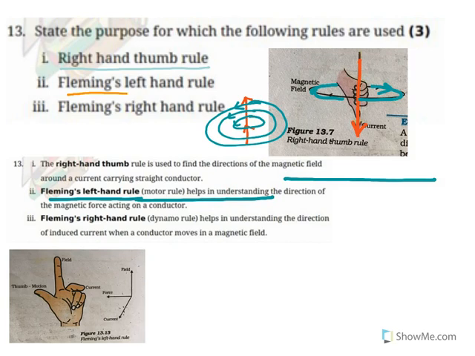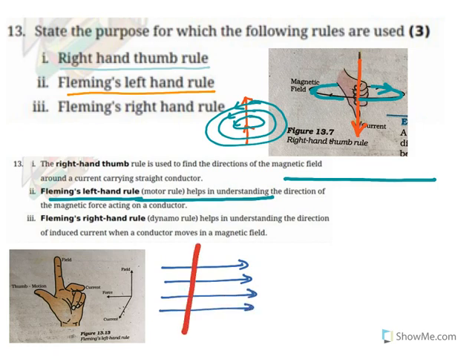Next is Fleming's left hand rule. Now here is a picture of Fleming's left hand rule. It is used for force. If we have a magnetic field, and in this magnetic field we place a current carrying conductor, we get a force on this conductor, and the direction of this force is given by Fleming's left hand rule.